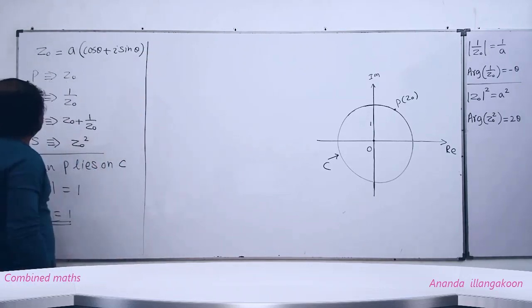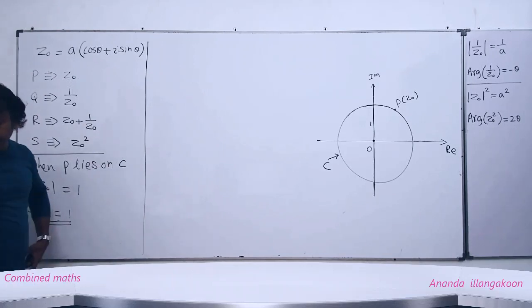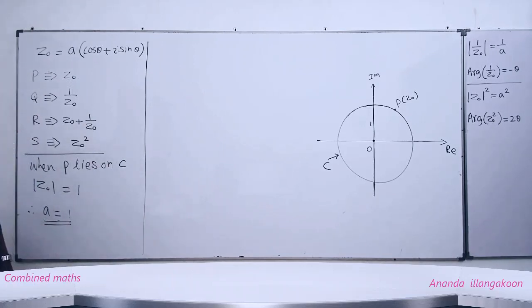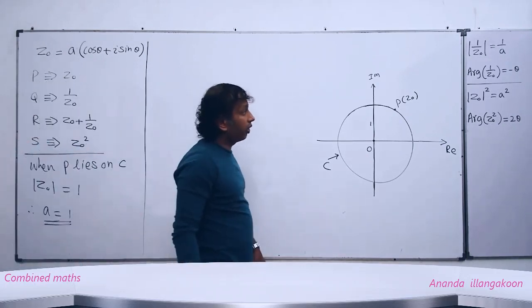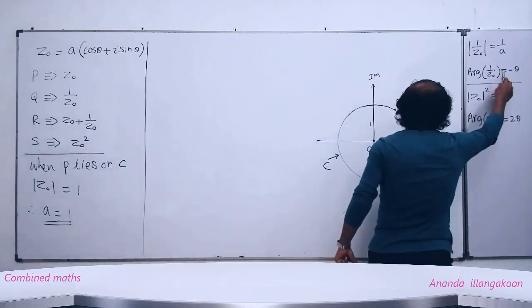Secondly, we are asked to prove that the points Q and S also lie on C. Q is 1 upon Z naught, its argument is minus theta, somewhere here.